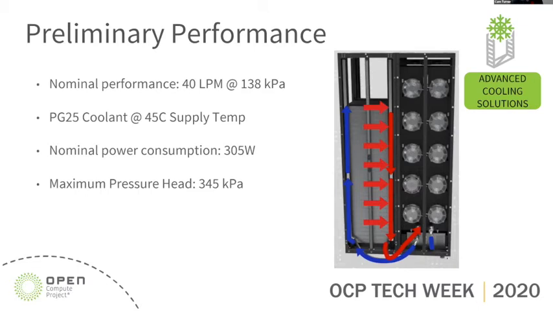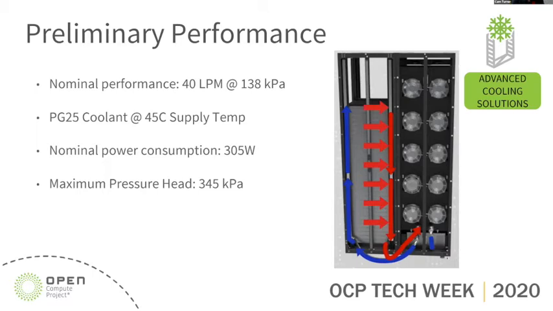The maximum pressure head achieved at this point with this RPU is 345 kPa or 50 PSI. And power consumption is 305 watts at this nominal performance number. So in this scenario, that puts us at about 1% of the total power of the rack, assuming a 40 kilowatt rack.